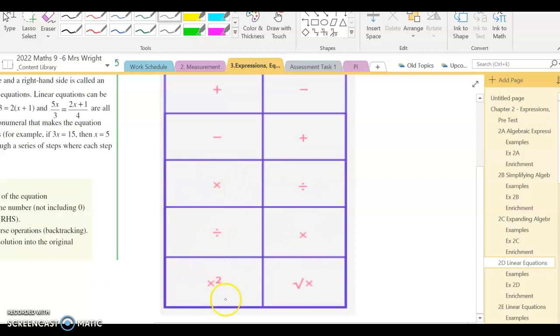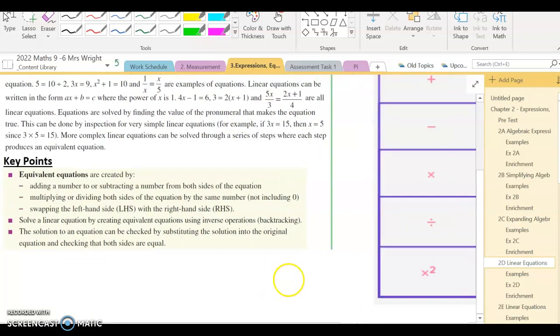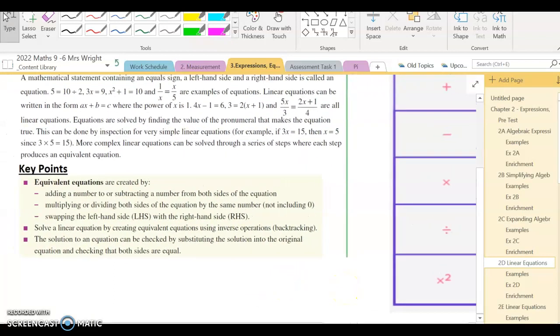And when we get a little bit fancier with our equations, we'll learn that squaring something and square rooting something are the inverse or the opposites. So what we want to look at today with our equations is doing the opposite to what's there to manipulate the equation into something that we want to work with.